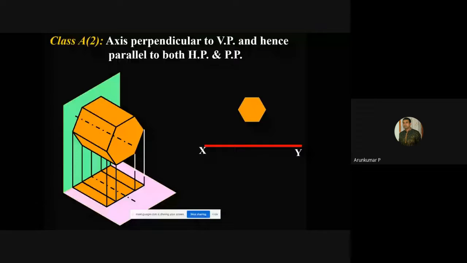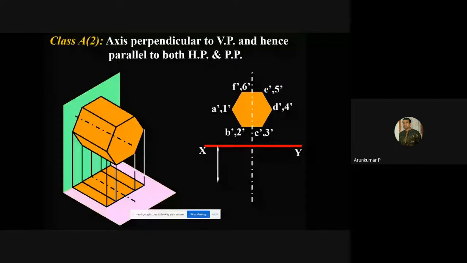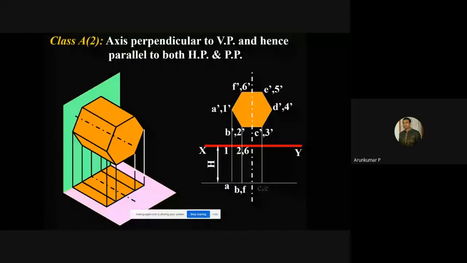So that is what you can see here. In the front view, you see the hexagon on VP, the corners of the hexagon. And in the top view, depending on the height of the prism, we will be getting maybe a square or rectangle as the shape in the top.